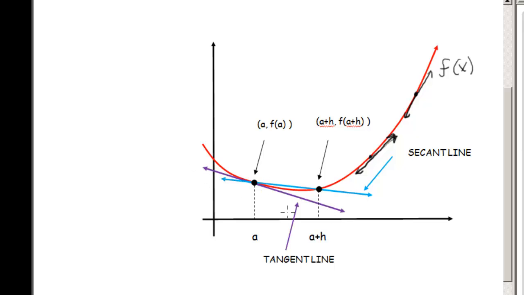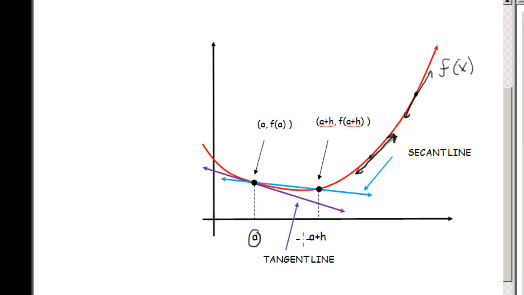Now, we don't know how to find the slope of that line because we only have 1 point on that line. However, we can find the slope of the secant line. If we choose a second point that is near the point we're looking at, then we can find the slope of this secant line.